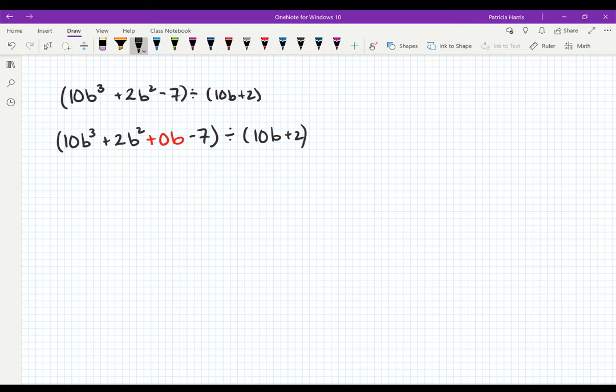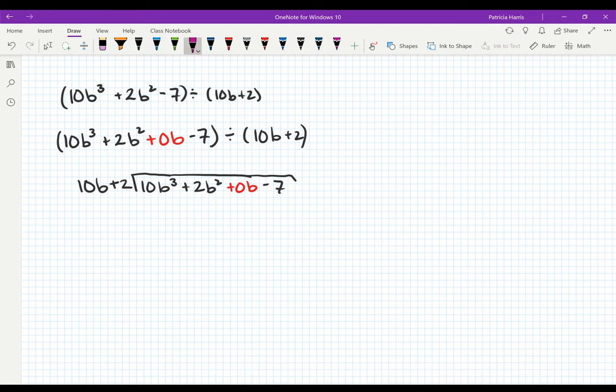All right, let's write this as a long division problem, remembering to put our placeholder in. Okay, so ask yourself, what do I need to multiply by to make a 10b into a 10b cubed?